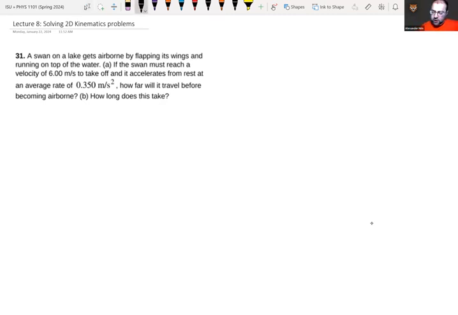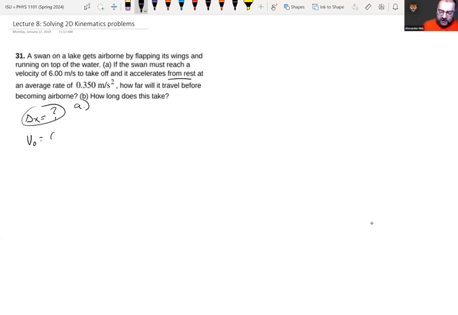All right, so fortunately this is not too bad because A and B are basically dealing with the same situation. So what we need to do is look for our kinematics quantities. Now delta x, that's something we don't know, and that's what we're asked for in part A, by the way. We can look at V naught. Now, we're not actually told the V naught, but it accelerates from rest.